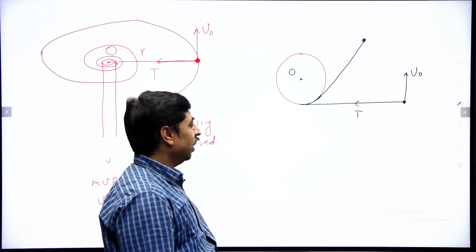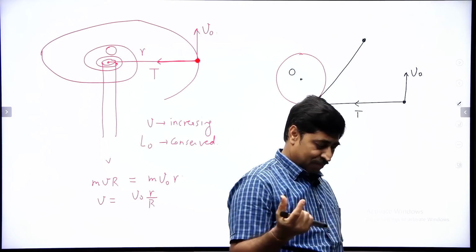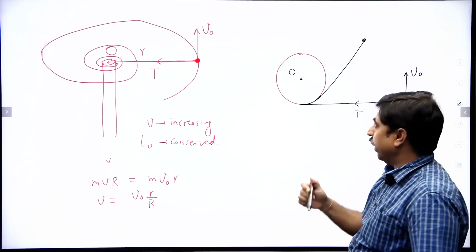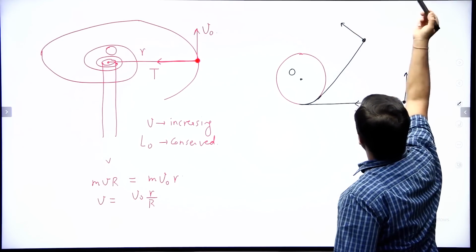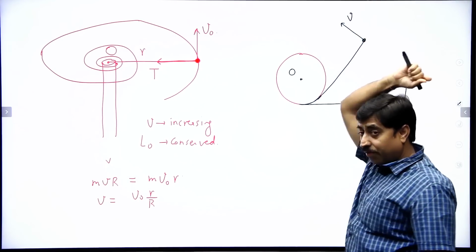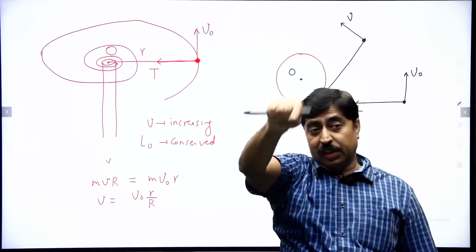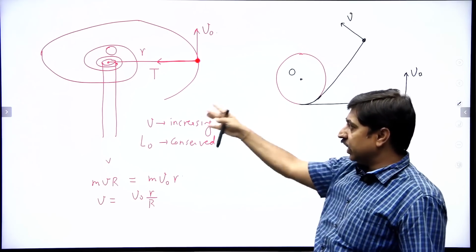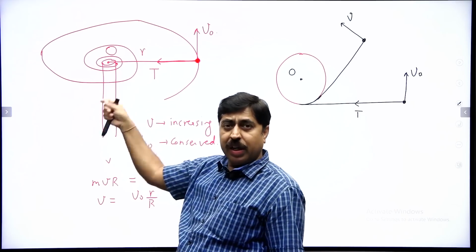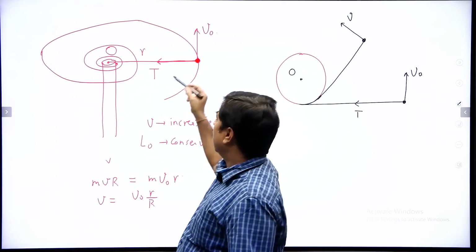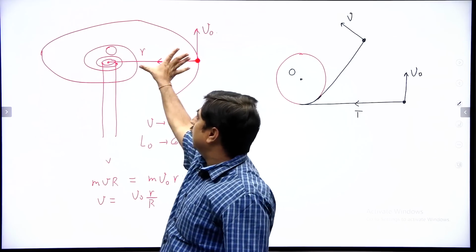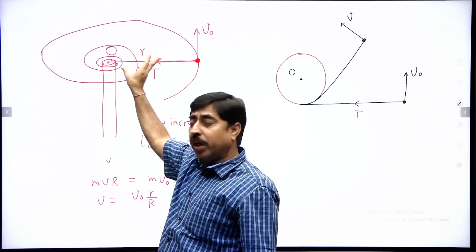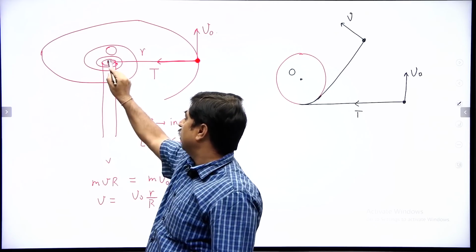If you look at the situation carefully, the particle is tied to a string and it is moving. The string is always under tension. Mind you, in this case, the string can remain under tension even when the particle moves this way. Reason being, this length of the string is being shortened by pulling it down.